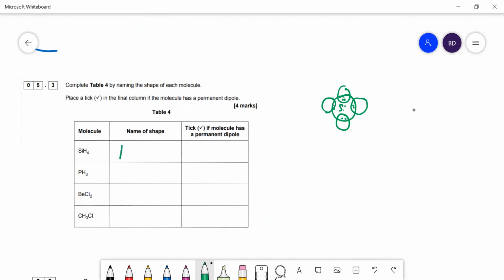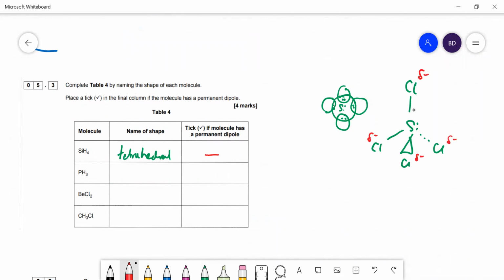That is tetrahedral. And you can see it's going to be perfectly symmetrical, that molecule. I'm drawing it in 3D now. So even though the chlorines there are more electronegative and have got a partial negative charge on them, the molecule doesn't have a dipole because they're all kind of pulling against each other. So no tick for that one there.